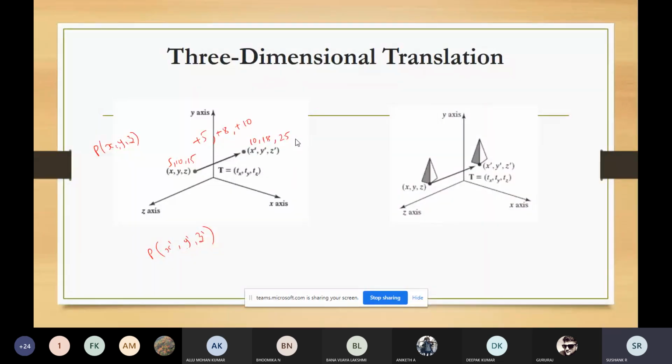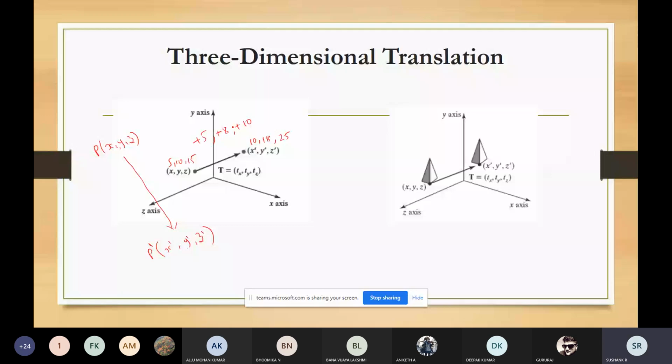So what do you mean by translation? It means moving an object from one position to another position by adding some values. There is a point P represented by the coordinates x, y, z in 3D space, which will be moved to a new location. We'll call this point P dash, represented by x dash, y dash, z dash, by adding the values 5, 8, and 10.